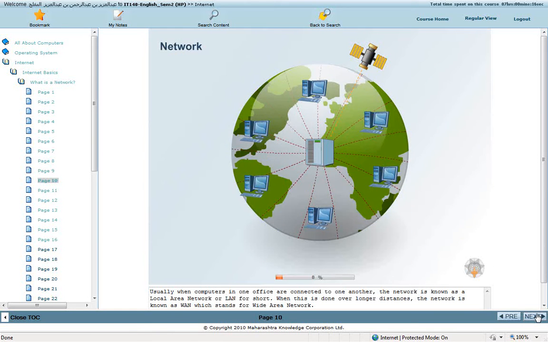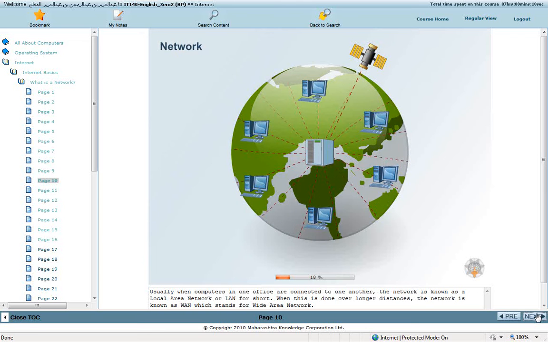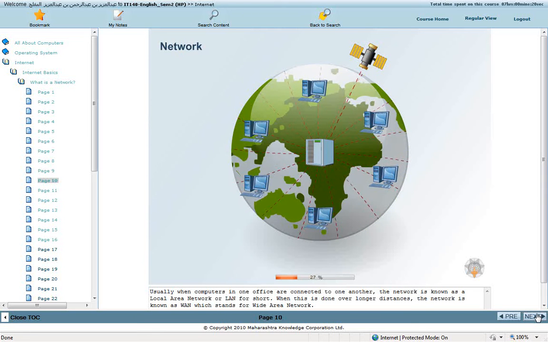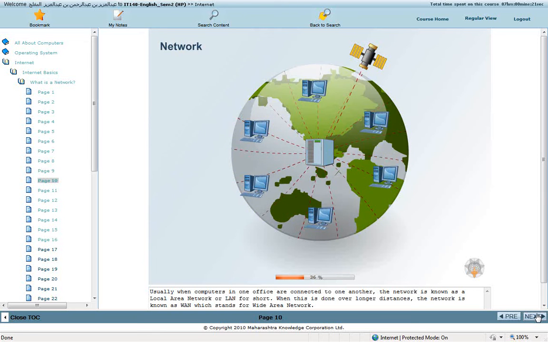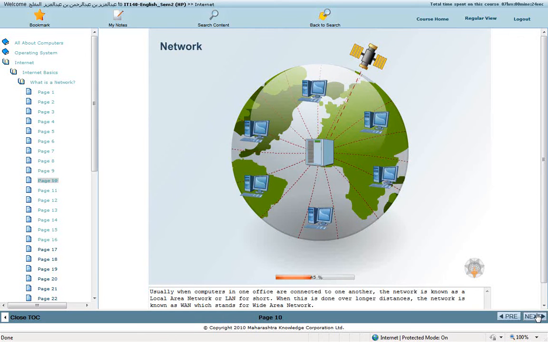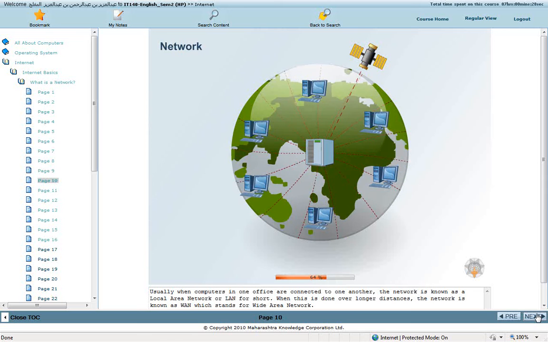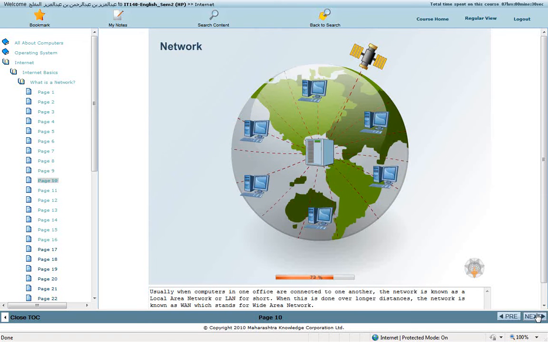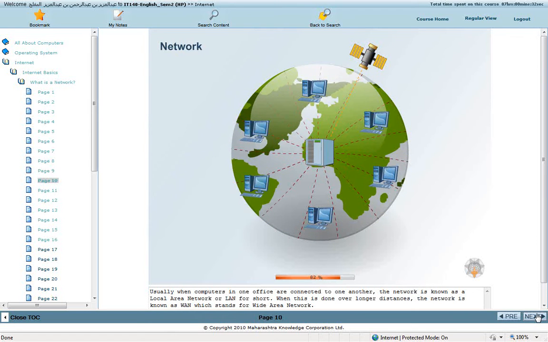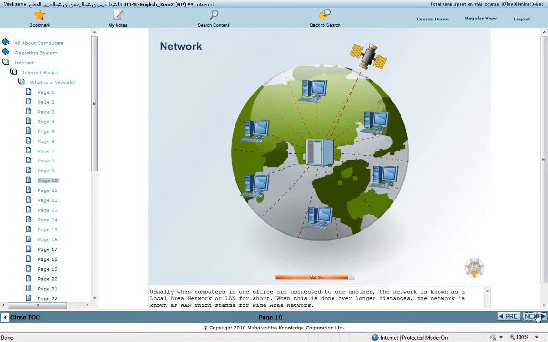Usually, when computers in one office are connected to one another, the network is known as a local area network, or LAN for short. When this is done over longer distances, the network is known as WAN, which stands for Wide Area Network.